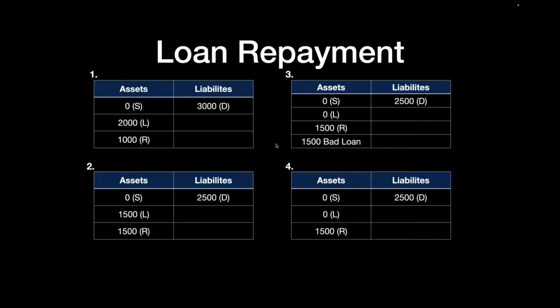And let's say this person who has this $1,500 loan, something bad happens to them and they're no longer able to make their loan payments. Well, this becomes marked as a bad loan on the bank's balance sheet. And if that person is eventually never able to pay back that loan, they declare bankruptcy.